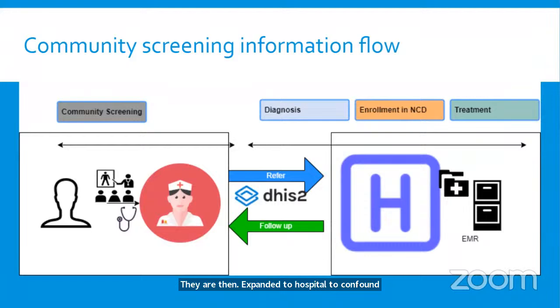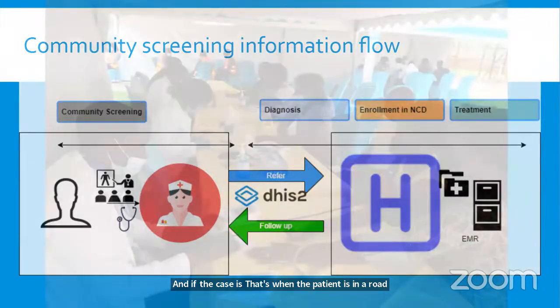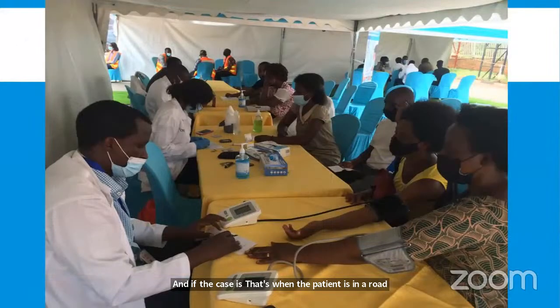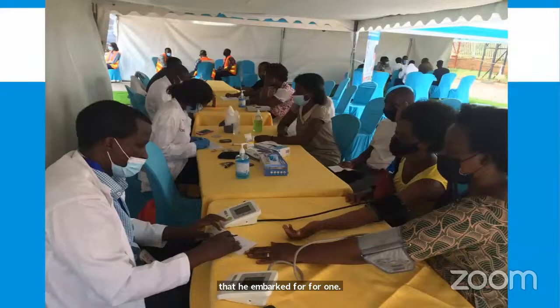And if the case is confirmed, that's when the patient is enrolled in the EMR for follow-up. So this is a community screening where they do screening and then they enter the information in DHIS2.